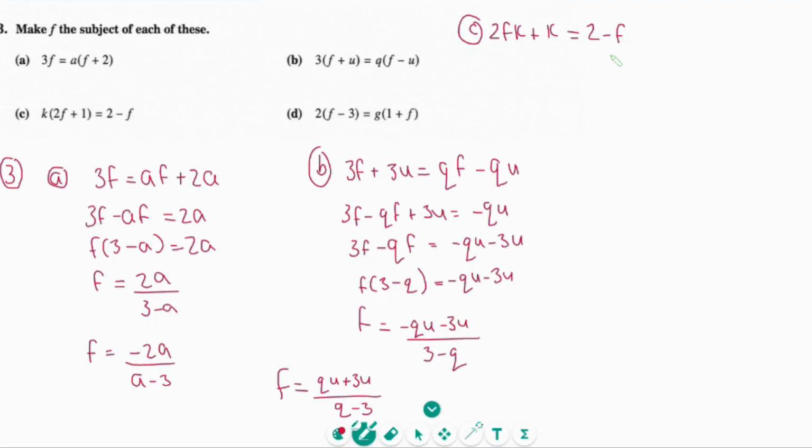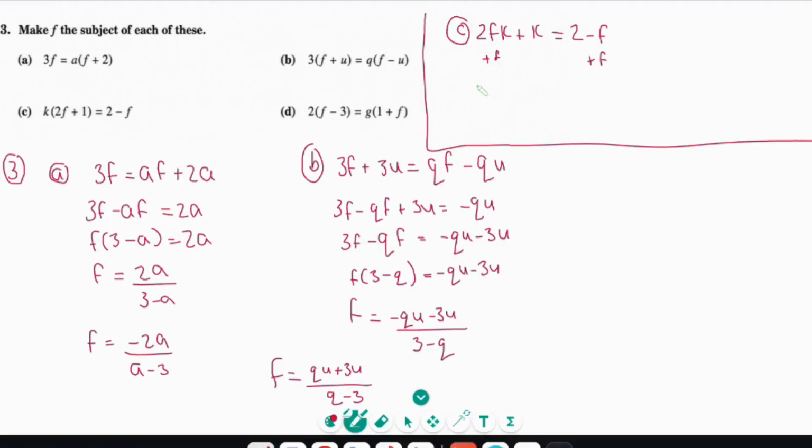This time I'm going to get my f's on the left hand side. Let me add f to both sides. Okay, so we've got 2fk plus f plus k is equal to 2.